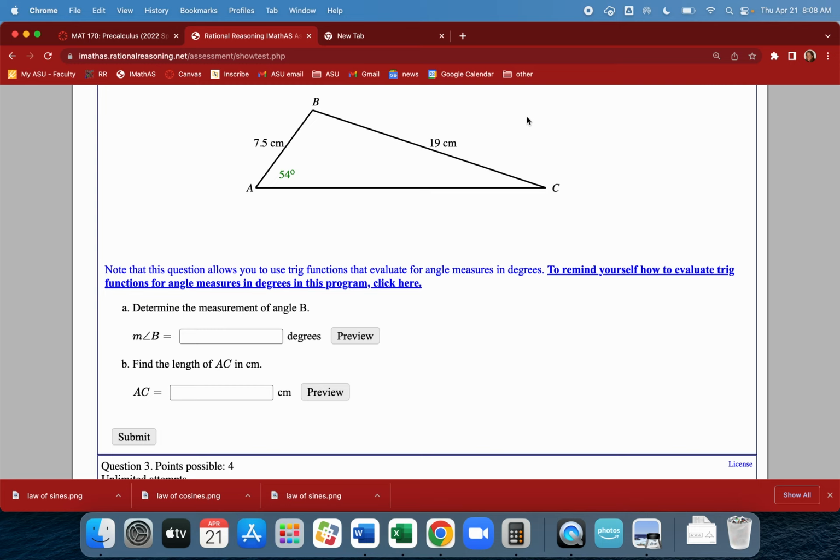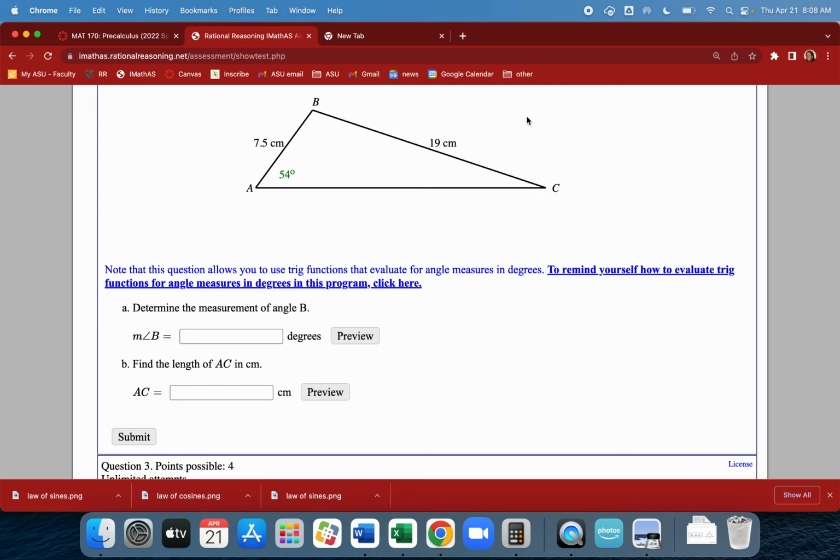And when you have all three angles, it should be in sequence: the smallest angle across from the smallest side, the largest angle across from the largest side, and the medium angle across from the medium side. This isn't drawn to scale, so don't try to use a protractor or anything to measure the angles. We're going to solve for them. It's not drawn to be completely misleading, it just might not be precise.